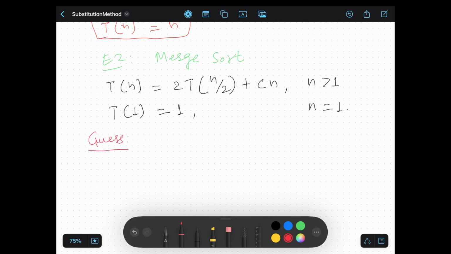So looking at the recurrence, what can we guess? We know that the problem size is being divided into half. And when we divide the problem size into half, we know that the time complexity will be log n.